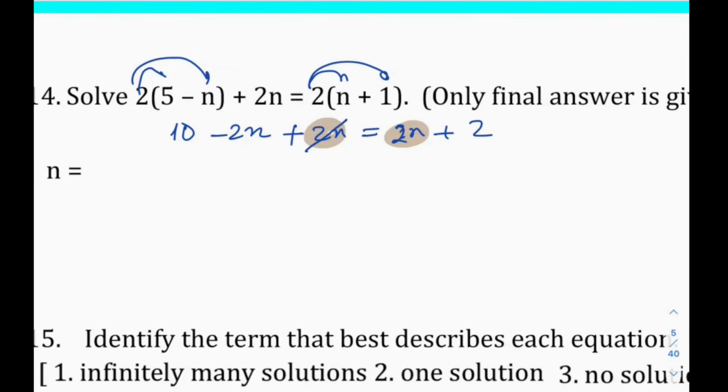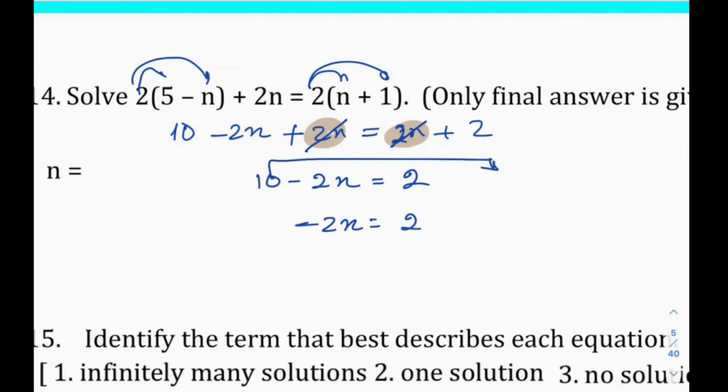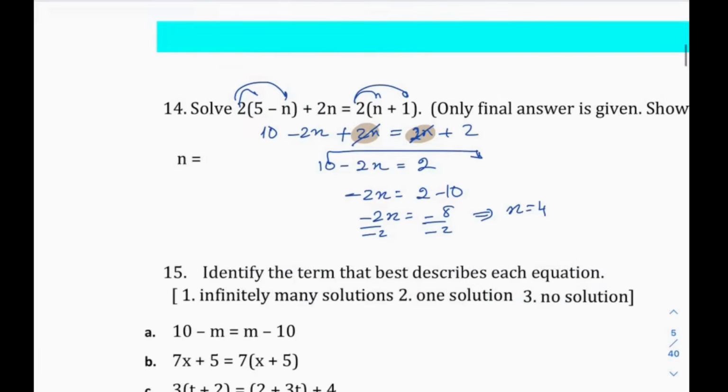So we can subtract 2n from both sides to make it easier for us. And we end up with 10 minus 2n equals 2. If you take the 10 there, negative 2n is 2 minus 10. So negative 2n is negative 8. And when you divide by negative 2, n is 4. So the answer is n equals 4.